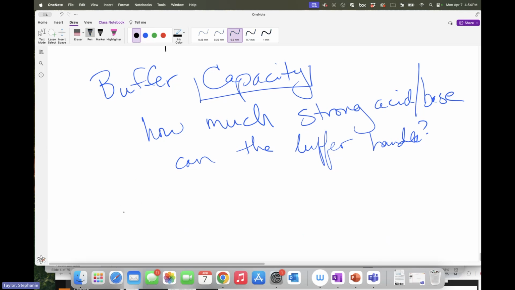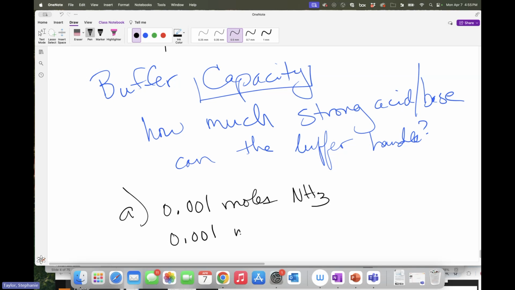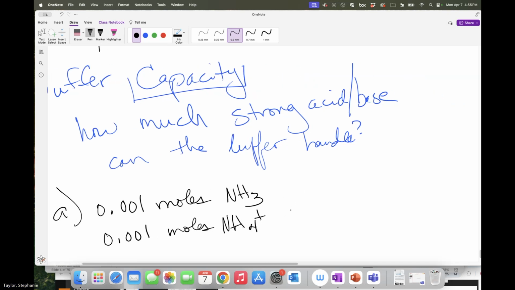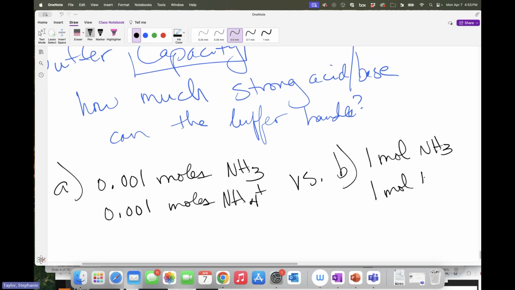So for example, if I have just two buffers, I've got 0.001 moles of ammonia with 0.001 moles of the ammonium ion, compared to 1 mole of ammonia and 1 mole of the ammonium ion. They're both buffers. Because they're equal amounts, they'll both give you the same pH. But one of these has a higher buffer capacity.